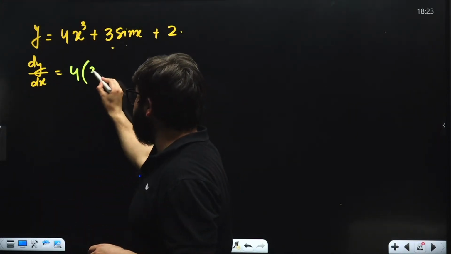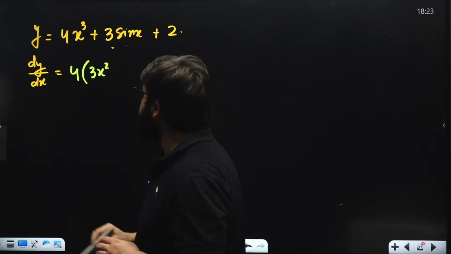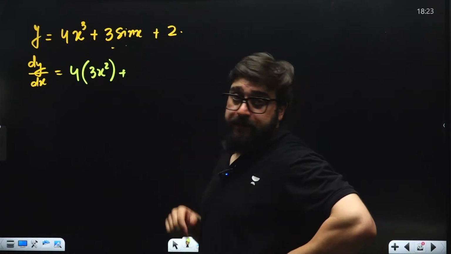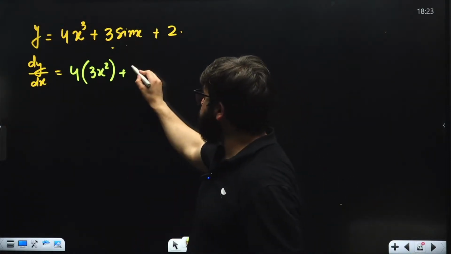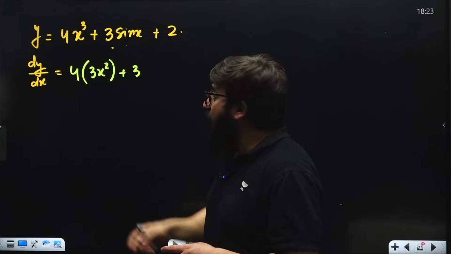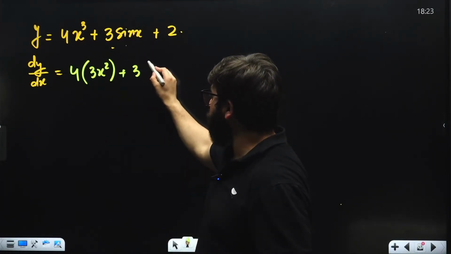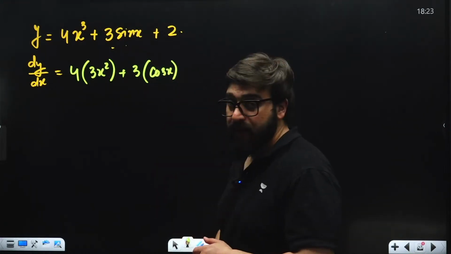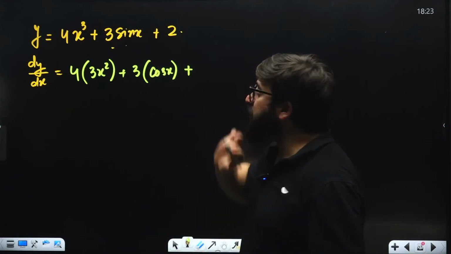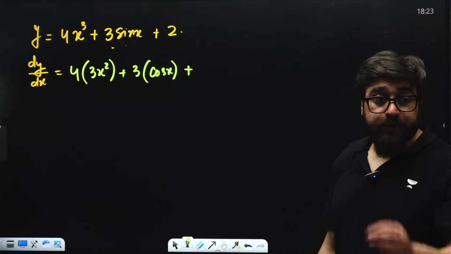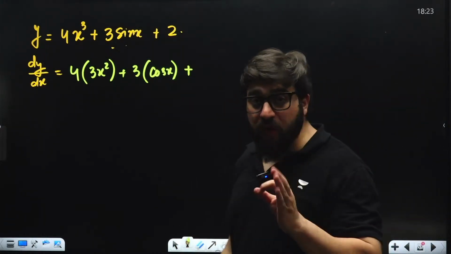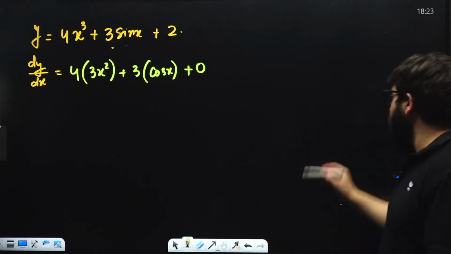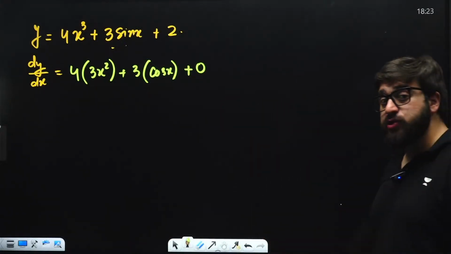It will be 3x square, plus, we take this constant 3 out, and here it is sine of x. The differentiation of sine x is cos of x. Then plus, what is the differentiation of 2? 2 is a constant, and differentiation of a constant is always 0.